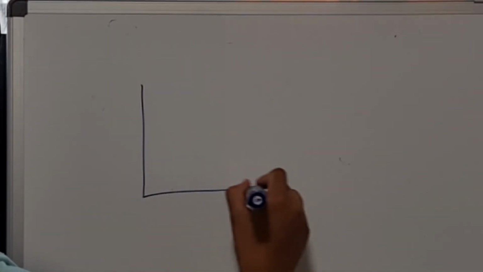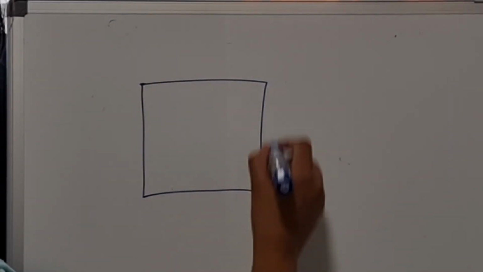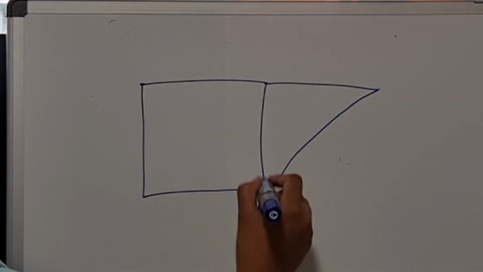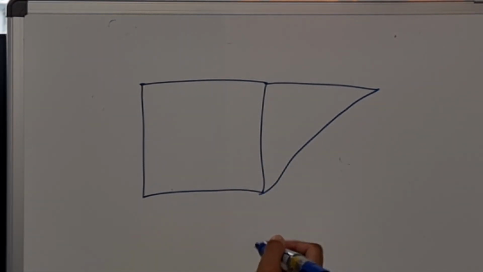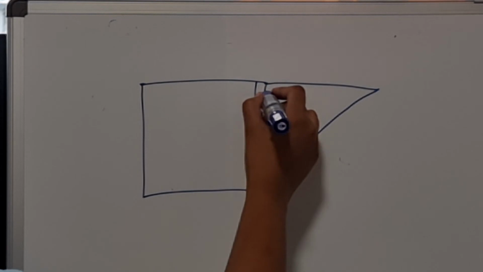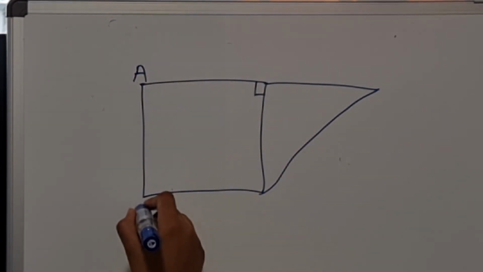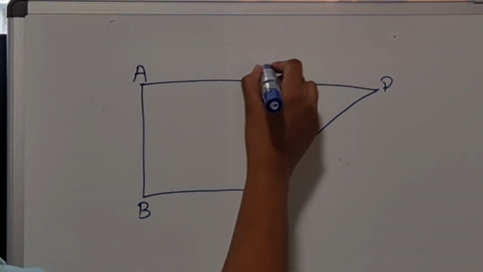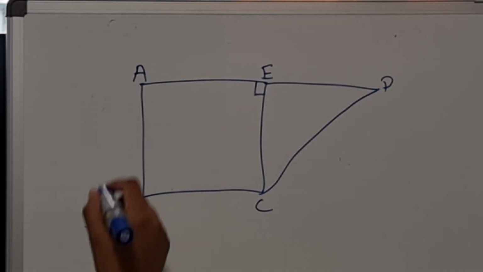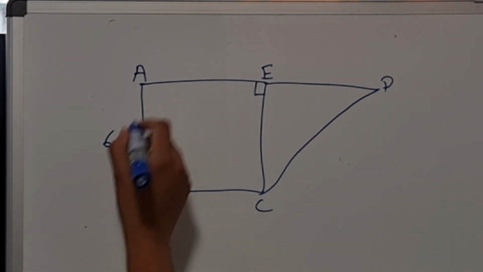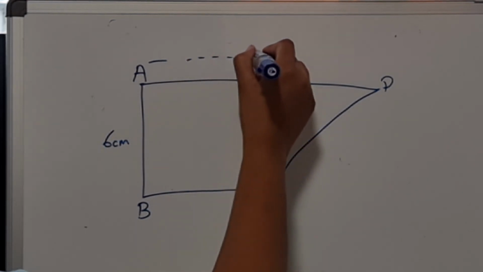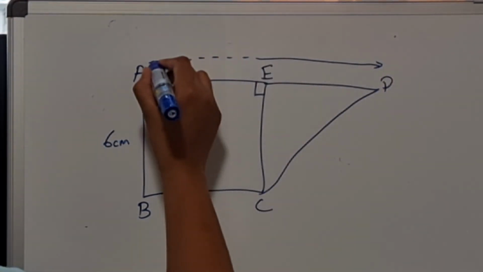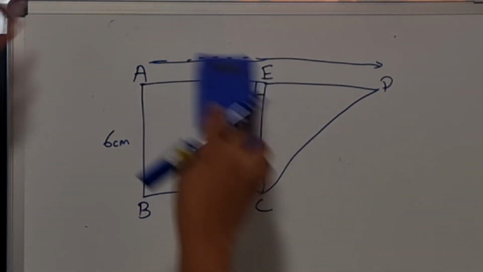Okay, let me redraw this. A, B, C, D, E. Okay, now we have a more complex figure.